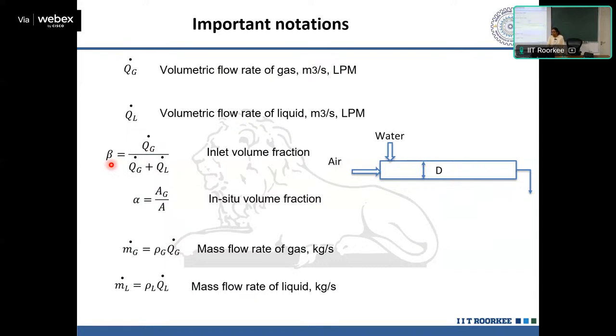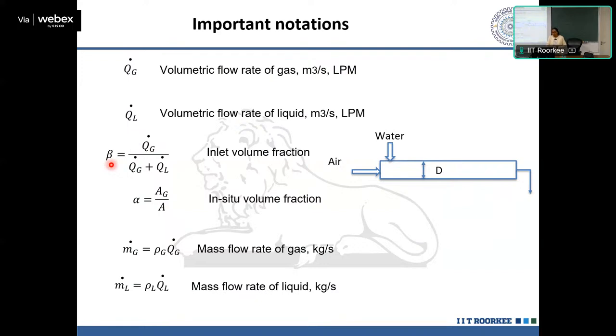Let's say we want to calculate, from the last tutorial, the volumetric flow rate of toluene, our dispersed phase. This is the volumetric flow rate of toluene divided by the total volumetric flow rate that we have injected. That gives you the value of beta, the inlet fraction. Similarly, if both phases are incompressible, you can multiply by the corresponding densities and get the mass flow rates of the phases.